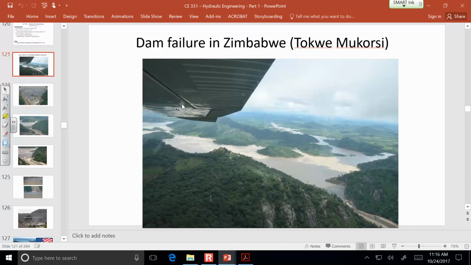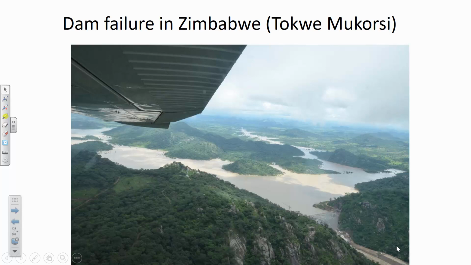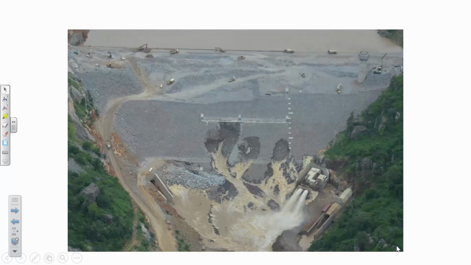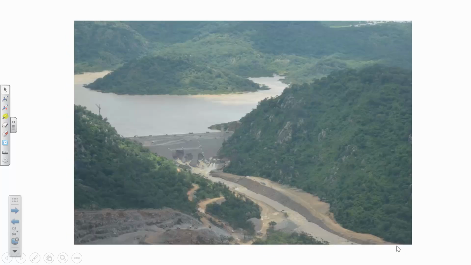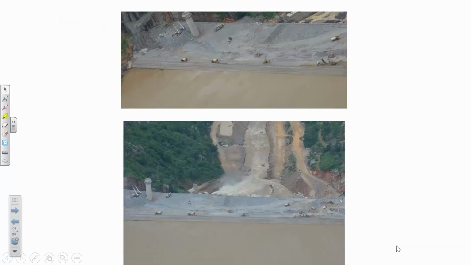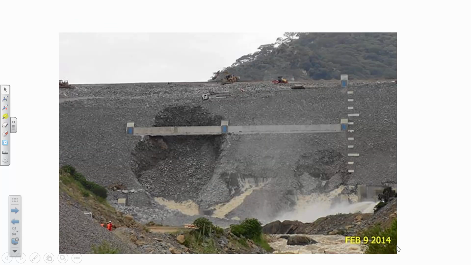In my hydraulics class, I used to talk about dam failures in Zimbabwe, which is about one of the most poor and dilapidated countries in the world. They're suffering quite a lot from hyperinflation of their currency, and their economy's haywire, and so they can't afford to fix their dams. And so I used to be talking about dam failures in Zimbabwe, but now I can talk about dam failures in the United States.